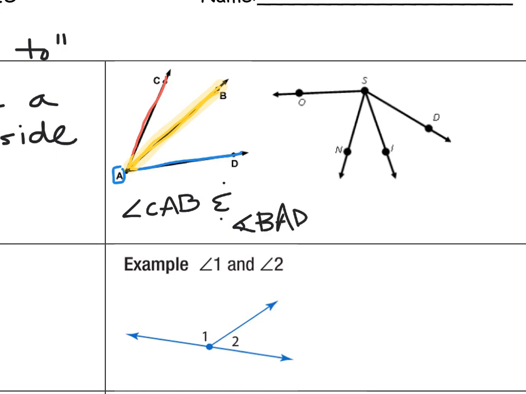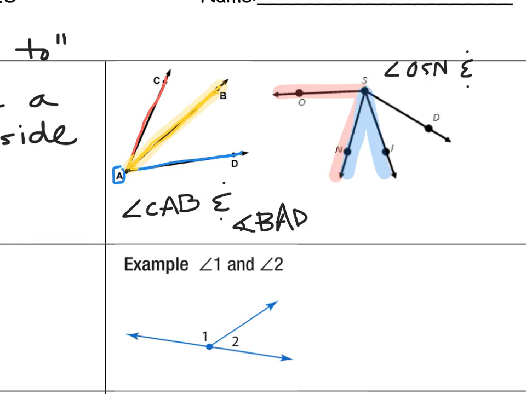All right, and now on the second picture, we have a couple different adjacent angles. So first, we have this angle. That is angle OSN. That angle is adjacent with this one because they share the vertex S and they share the side SN.